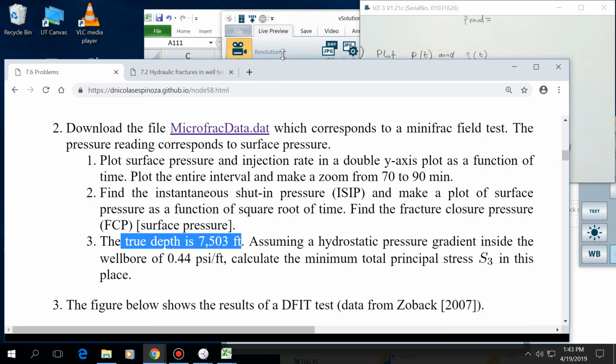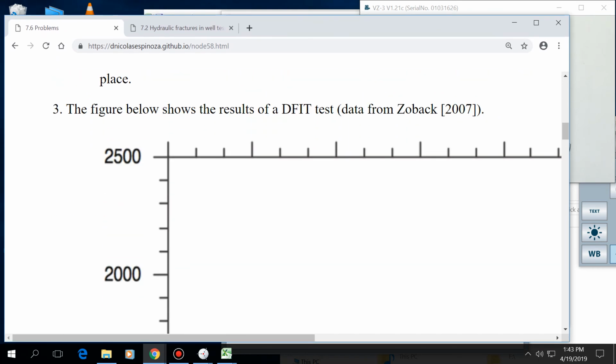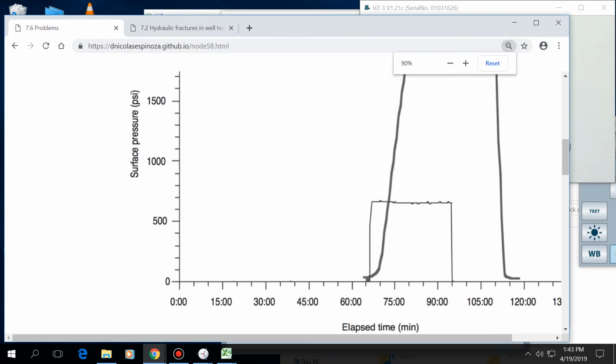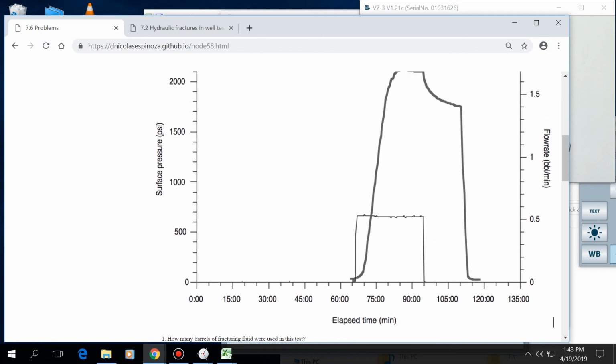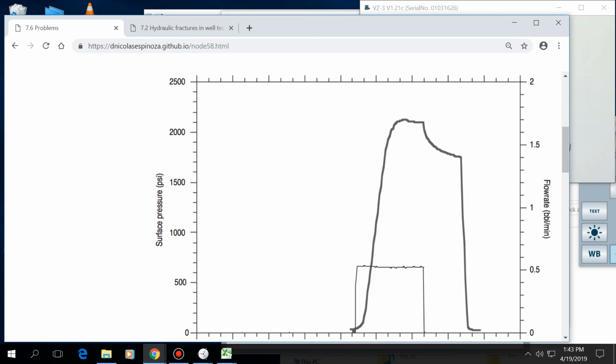The third problem is very similar, but now you have data, and here you see that this is the flow rate, more or less constant. After injection starts, pressure goes up, goes over the hump, then it goes into fracture propagation pressure, and then it decreases.